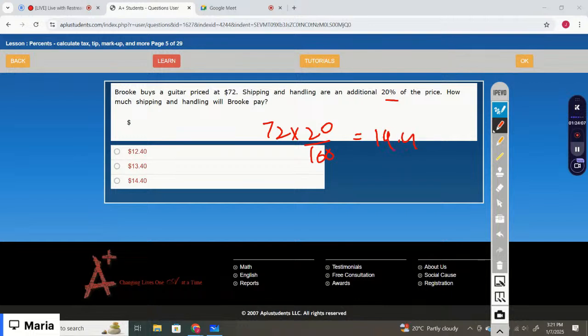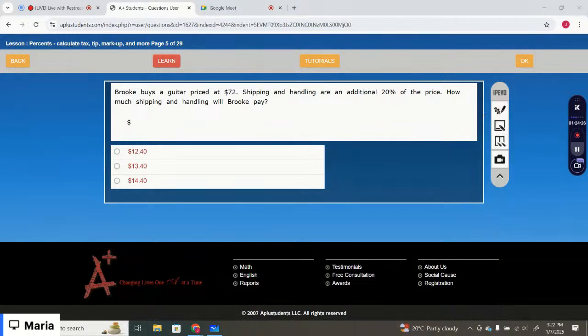The correct option is $14.4. Option number 3 is the correct option.